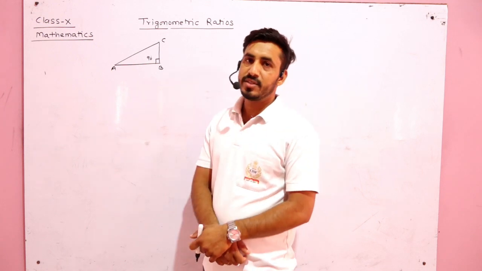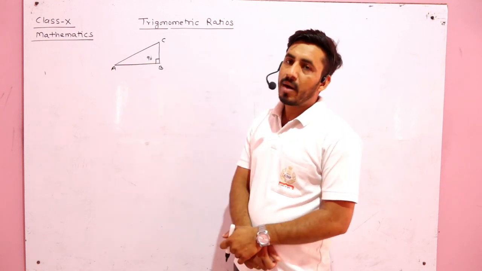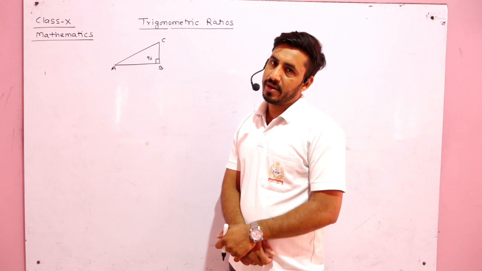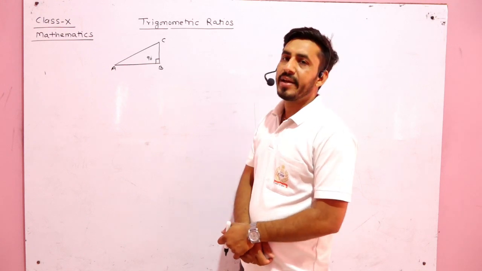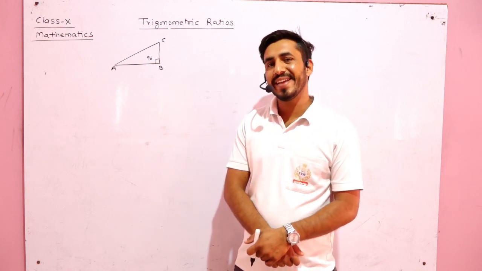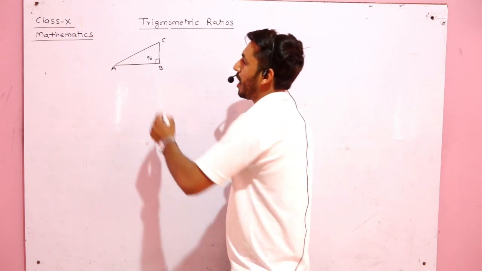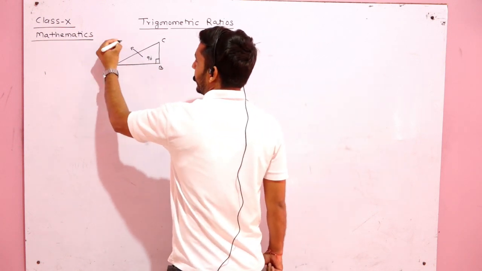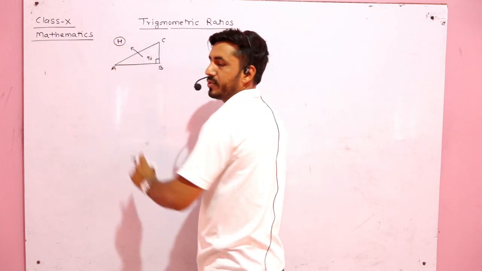In the early classes we have studied about right angle triangle, where the side in front of the 90-degree angle is called hypotenuse. Means this side is called hypotenuse.